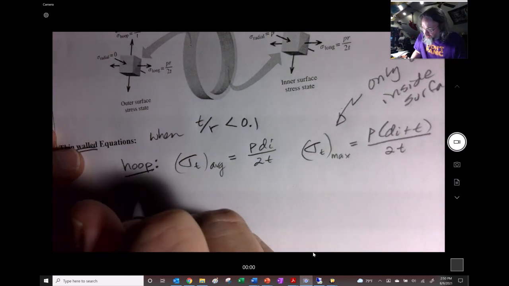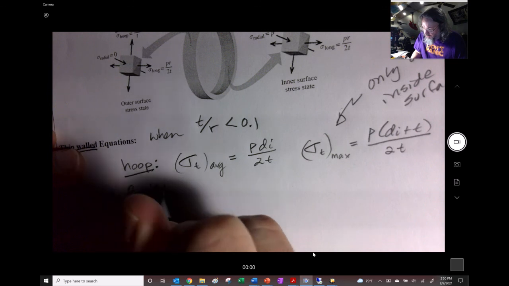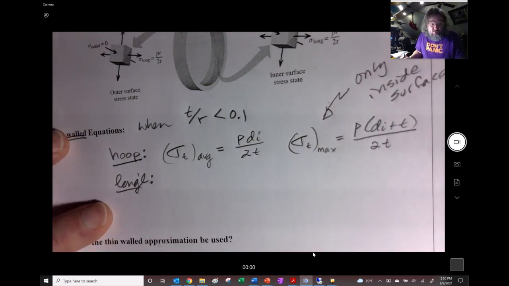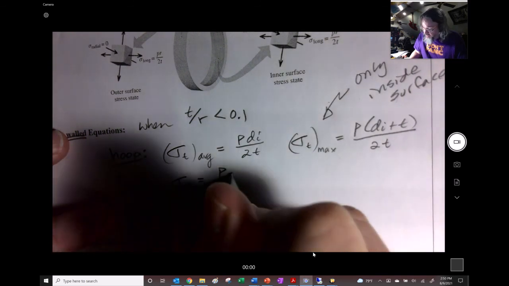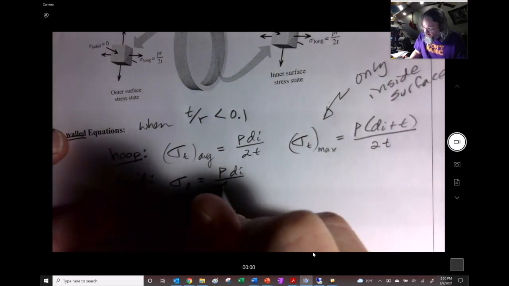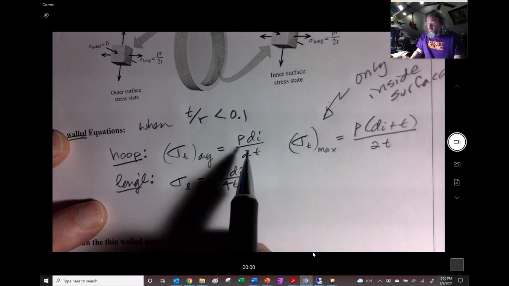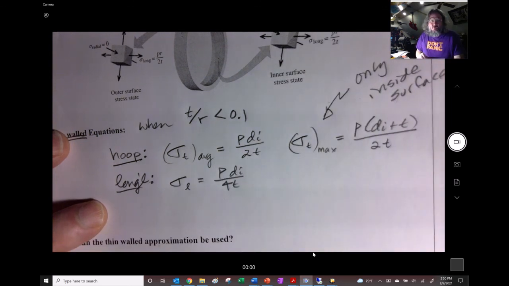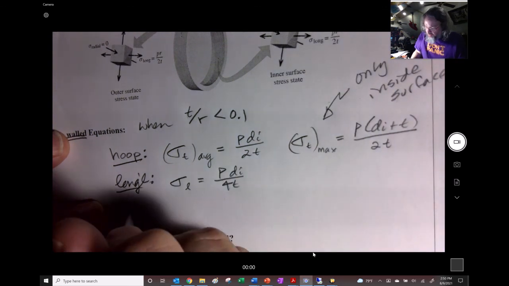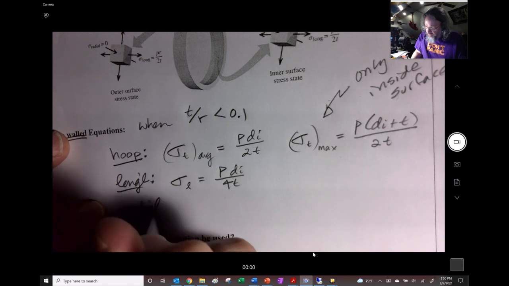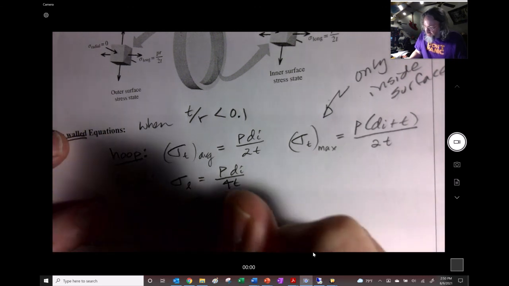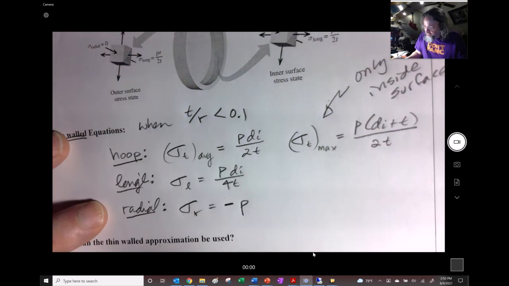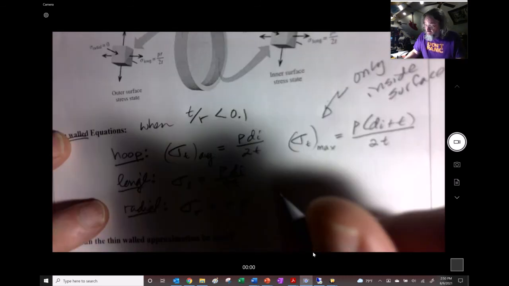All right, so the longitudinal, I just wrote it as a cursive L, is P DI over 4T. It's 1/2 of the hoop. And then remember, radial is going to be equal to negative P, right?